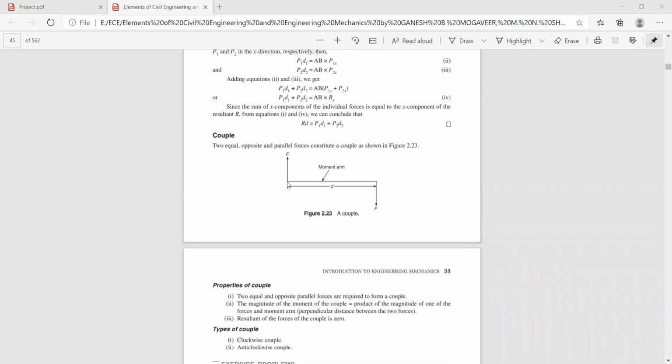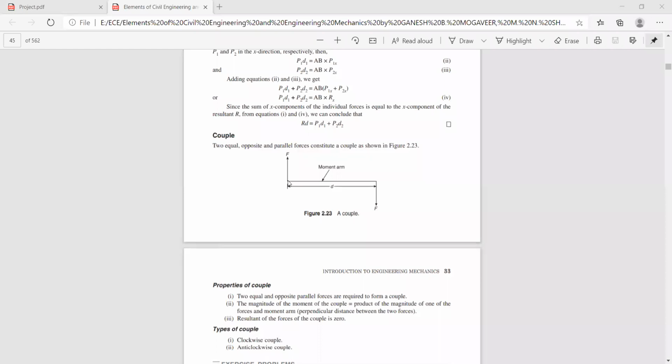Here you have two forces, F and F, equal and opposite in direction, which constitute a couple.